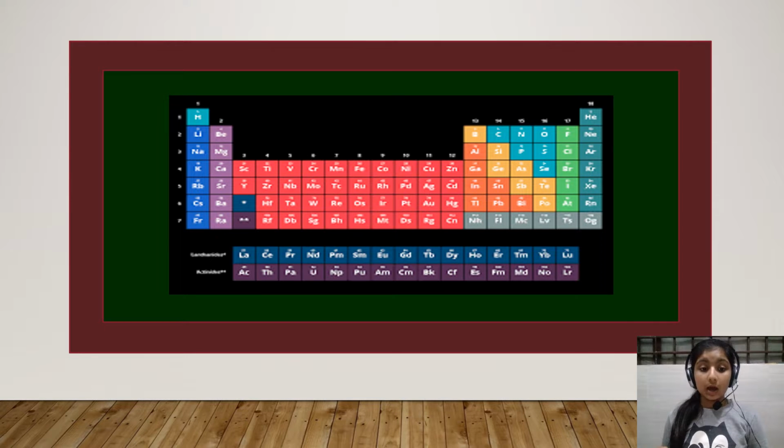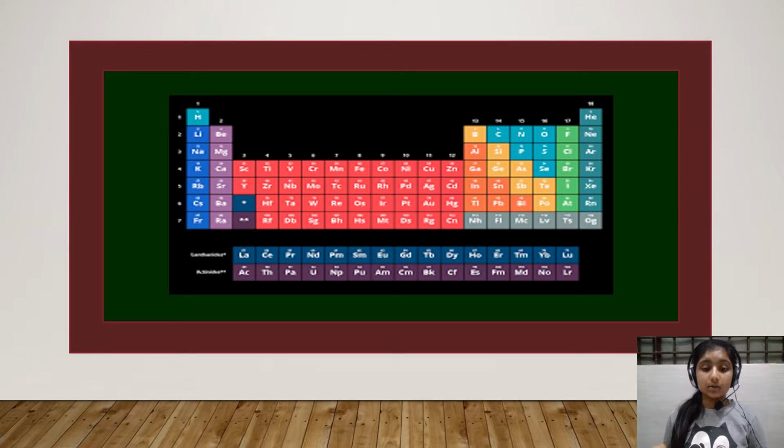And these vertical lines, first, second, third, fourth, fifth, sixth, seventh, eighth, till 18, are 18 in number and are called groups.